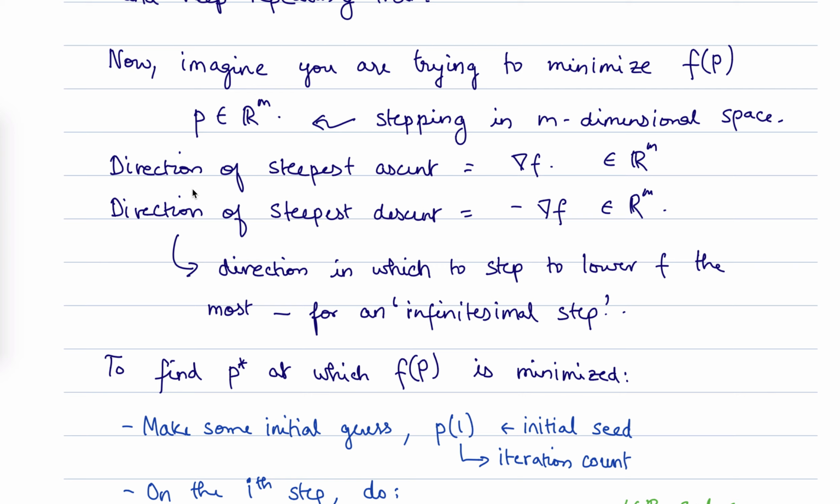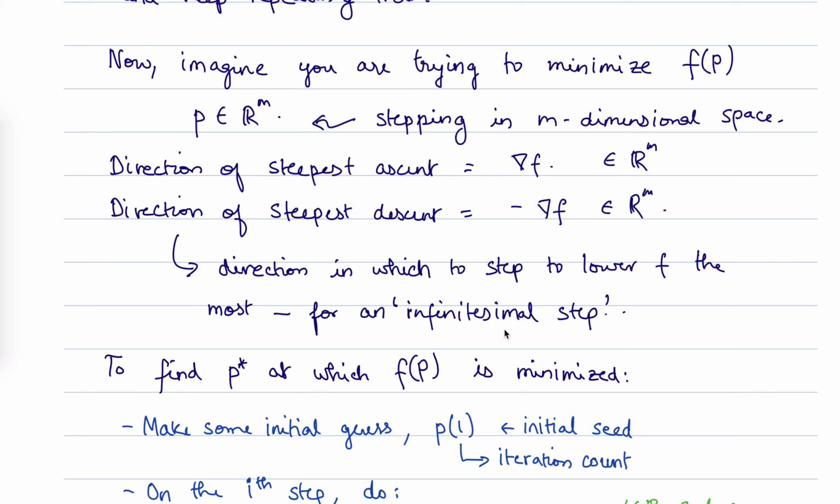Okay, so what do we mean when we say direction of steepest descent or direction of steepest ascent? If you imagine taking an infinitesimal step in every direction in this m-dimensional space, starting from a particular point, it turns out that if you step along the negative gradient direction, you will decrease the function value the most.